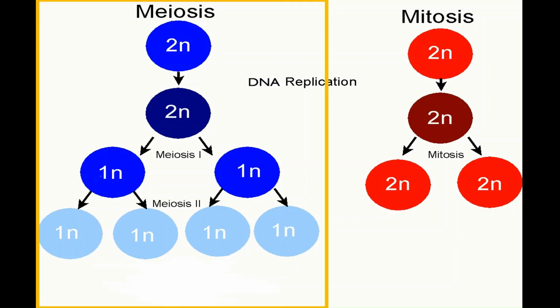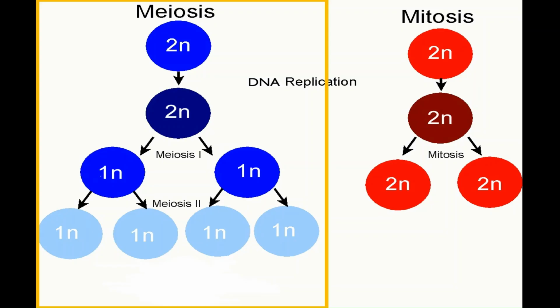During meiosis, you start with a diploid cell, which is 2n, and you end with a haploid cell, which is 1n. It is half the number of chromosomes you started with. Hence, if you started with 10 chromosomes, you are going to end with 5. If you started with 4, you'll end up with 2. If you started with 8, you'll end up with 4.